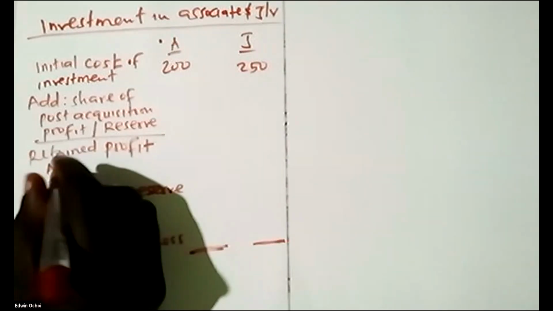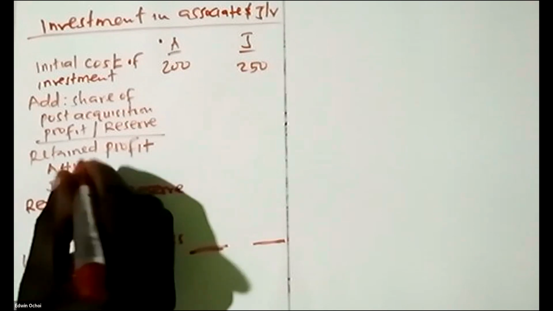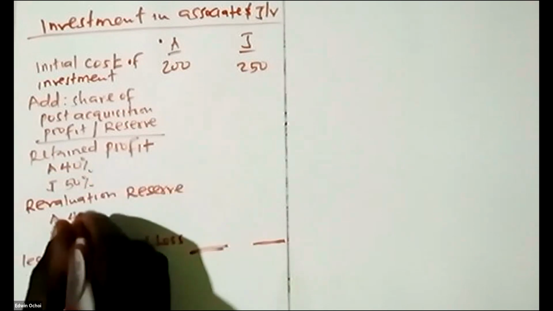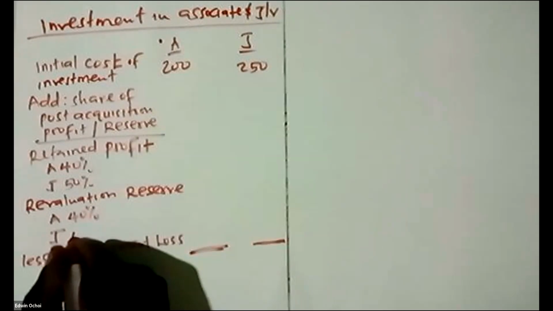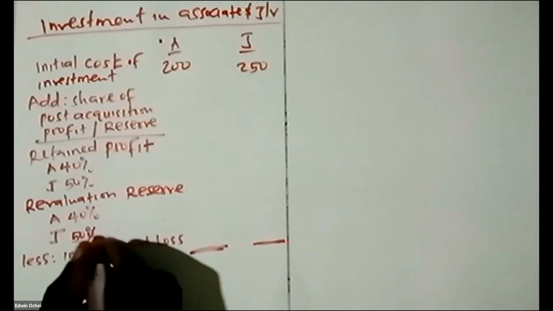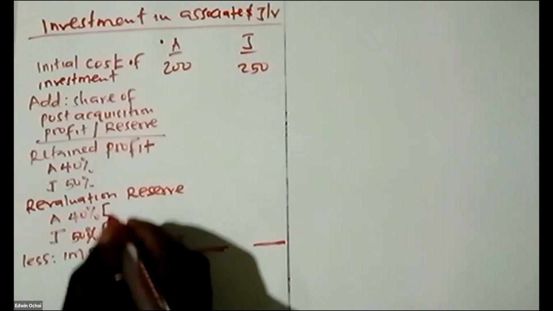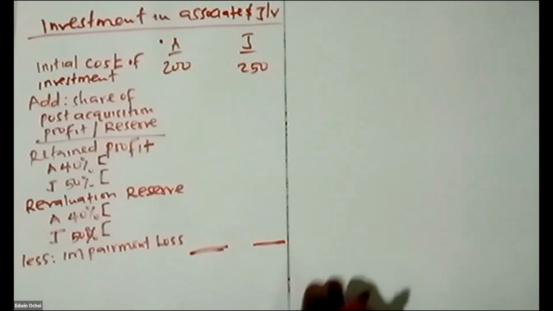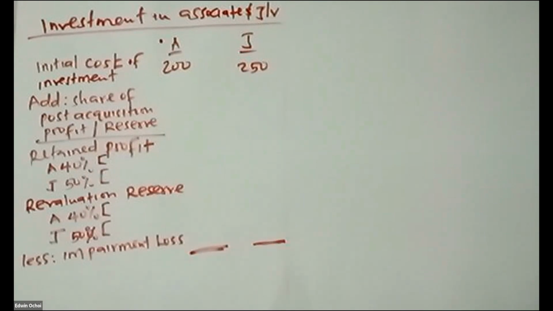Remember A was 40% and J was 50%, the share of the post-acquisition.